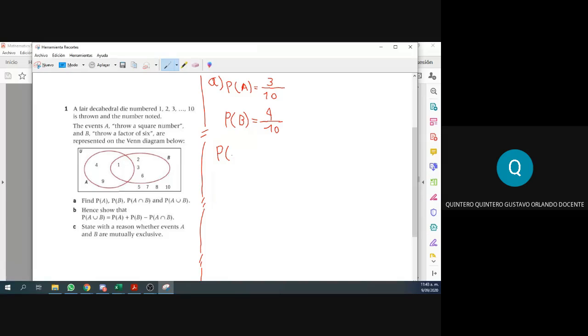What is the probability of A intersection B? This is how this is written, and this is how you read it: probability of A intersection B. What they are asking us here is to find the probability that both events happen at the same time.